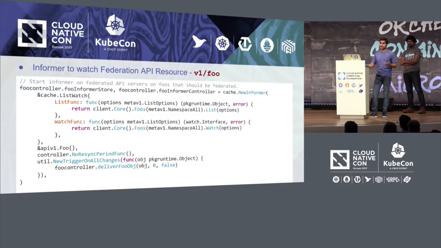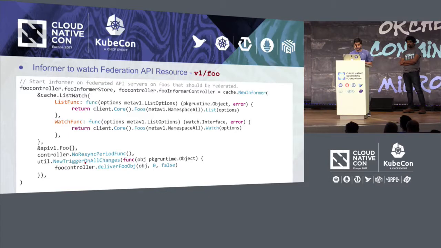And we also need a list implementation because a watch uses a cache, and caches can go out of sync. So from time to time, we do a complete resync, like list all the resources from the underlying API server and update the cache. So you need to provide these two implementations, list and watch, pretty simple. They just call the appropriate client functions. And then you need to say what object you're watching, and then a bunch of other boilerplate.